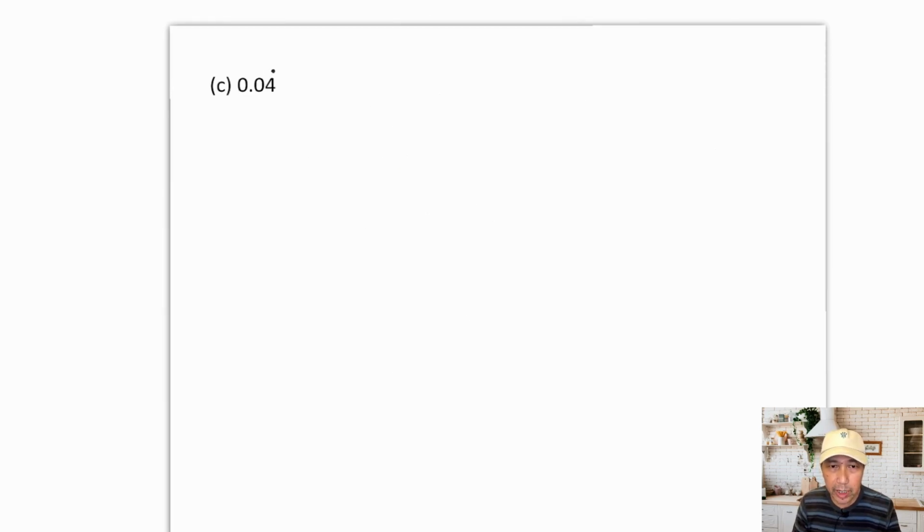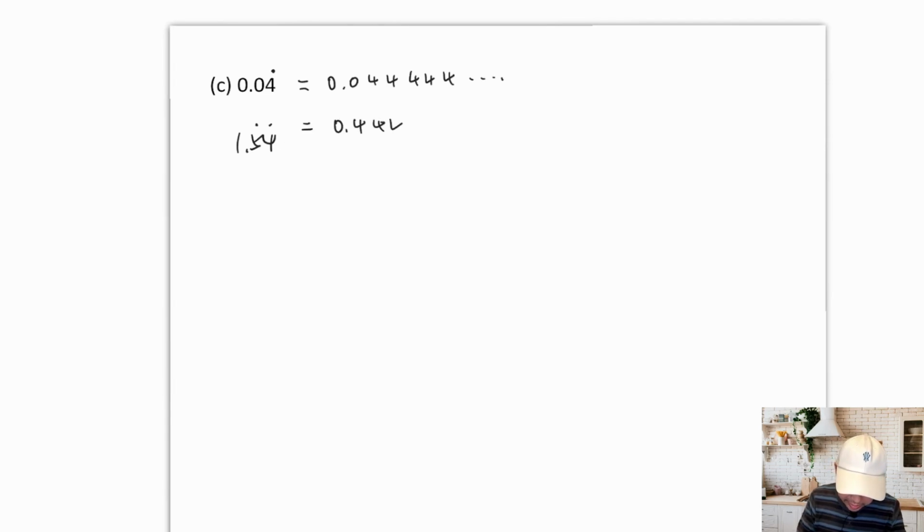Part C, we are going to convert 0.04 recurring. Now try to compare with the last one. The last one is 1.54 with a double dot. This time, 0.04 recurring can be expressed in this way: divided by 10, then the decimal point will move to the right.